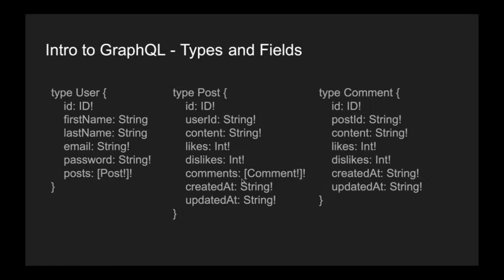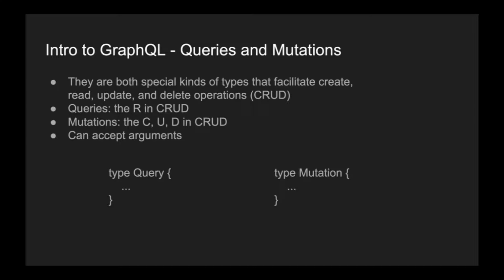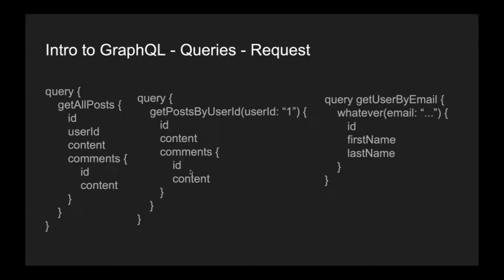We also had a list of comments inside of the post, which means that for all those comments, I can pick any of these other fields and get back that information. So you can see I'm getting the ID and the content of every comment, and then the ID and content of every post.